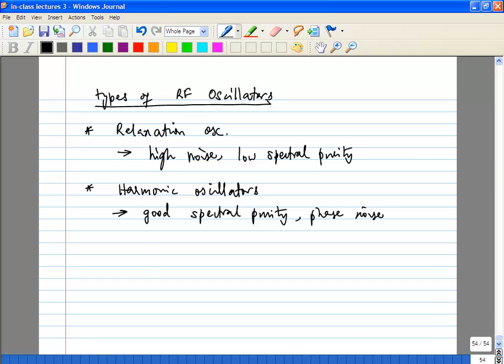They depend on some kind of charging and discharging cycle. Let me see if I remember something like this. This is a very simple example, but basically this is a positive feedback circuit.